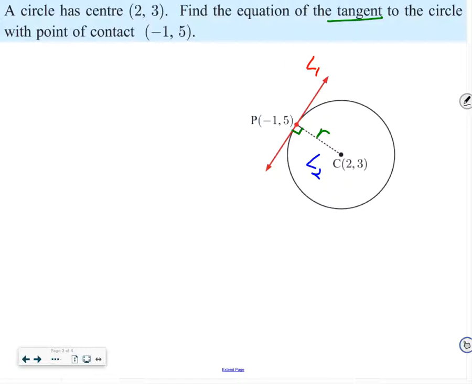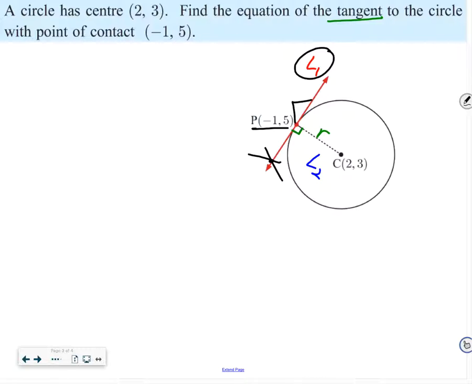Because to find the equation of this line L1, I only have one point. So I need to either find another point on this line, or I need to be able to find the gradient of this line. I don't have another point, so that alleviates that possibility, but I can find the gradient because I know it needs to be opposite reciprocals of the radius there.